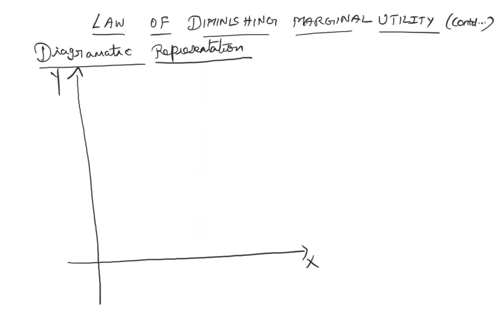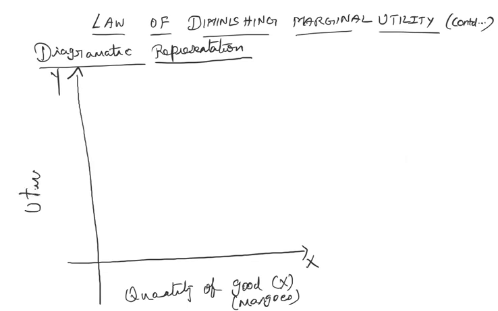On the x-axis, we are representing the quantity of good X. In our example, we have taken mangoes. And on the y-axis, as I mentioned, we are representing the utility, both the total utility and marginal utility.